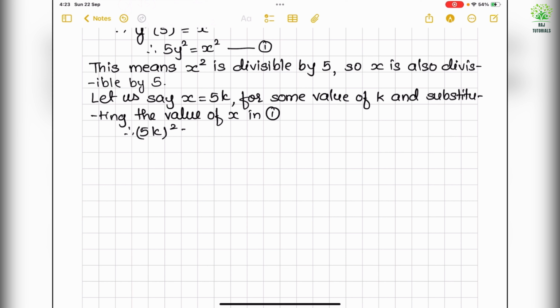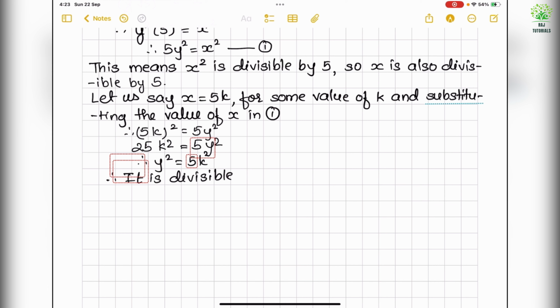So therefore I can say 5k whole square will be equal to 5y square. 25k square equal to 5y square. So therefore y square equal to 5k square, I have divided by 5.